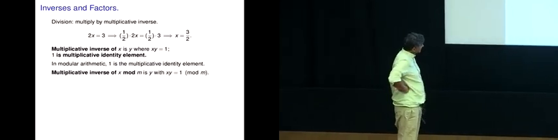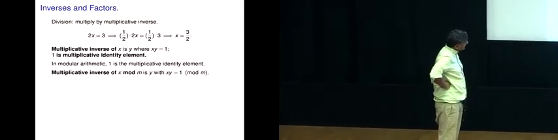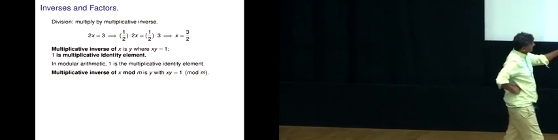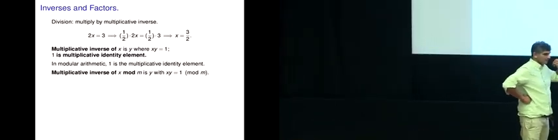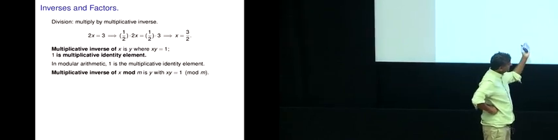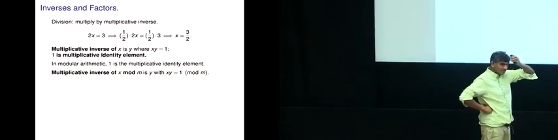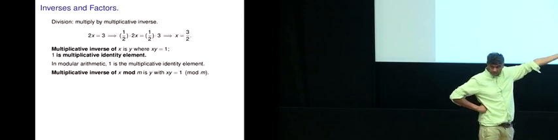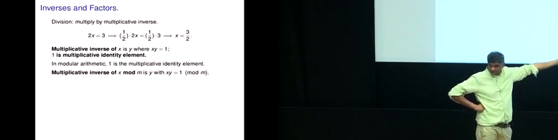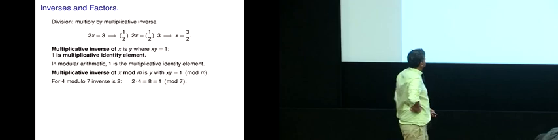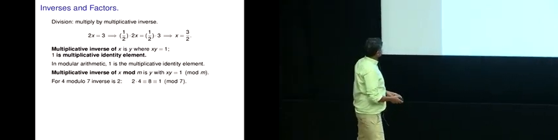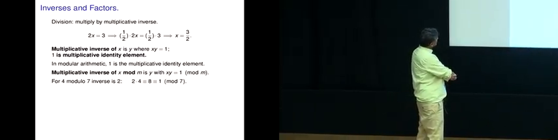So the multiplicative inverse of x mod m is y, where in this arithmetic system, x times y is equal to 1 mod m. So x times y could be 1, but it could also be m plus 1, right? Or 2m plus 1, or whatever, right? Any equivalent representation. Okay? Okay, so for modulo 7, the inverse is 2.